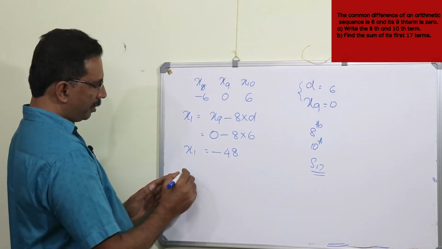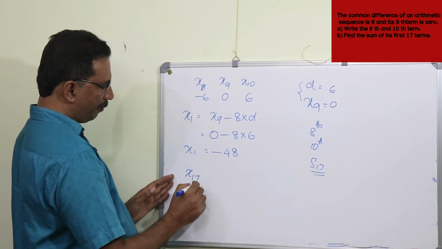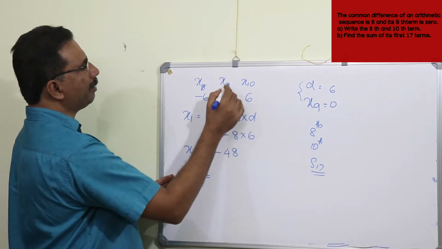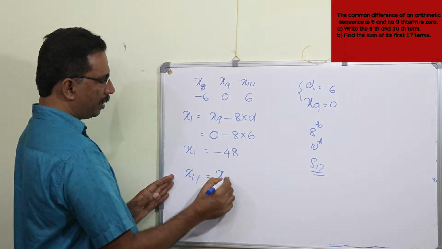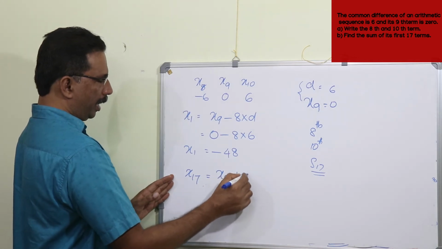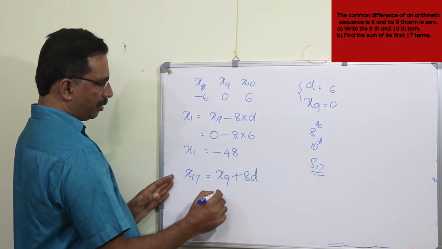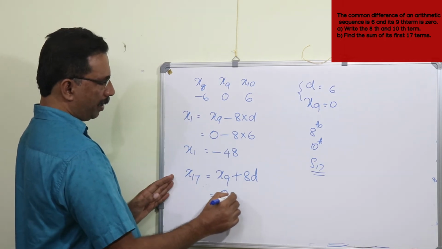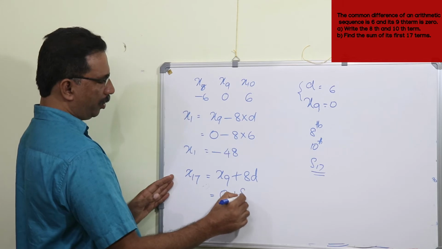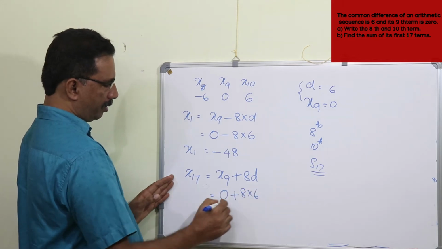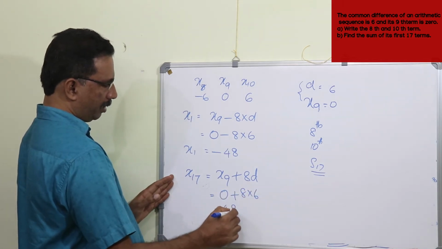Now, what is the 17th term? To find the 17th term, we can go from the 9th term itself. x9 plus 8d, that is 0 plus 8 into 6. What is it? 48.